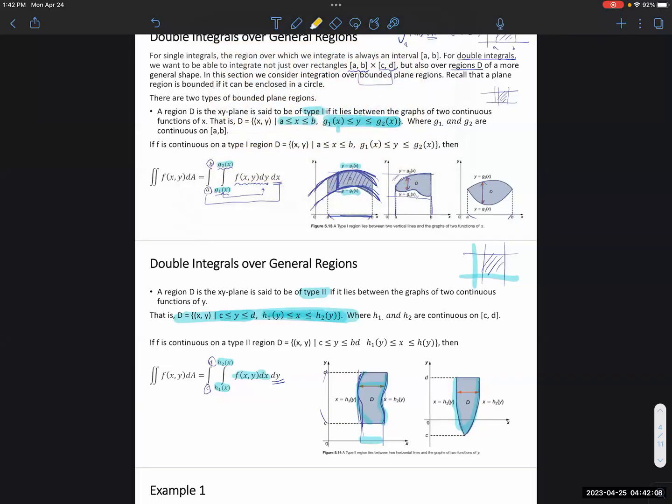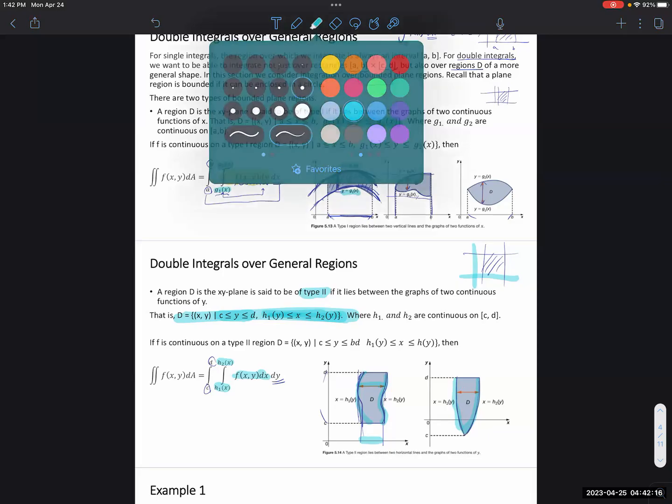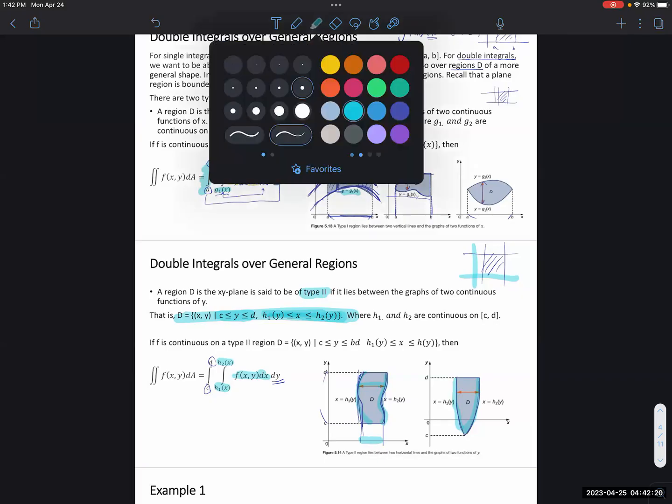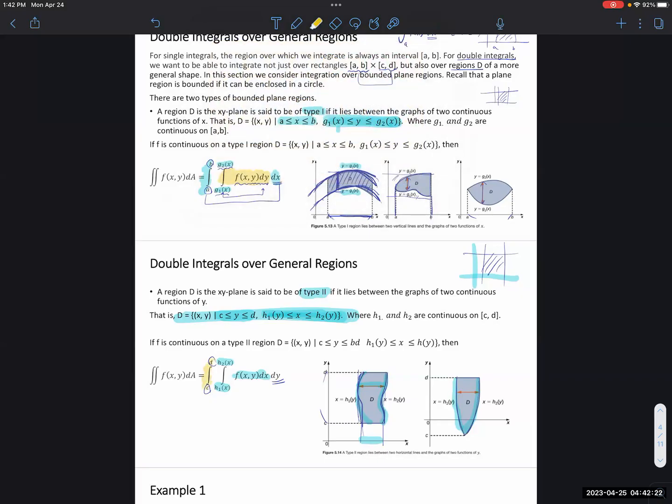Remember, if you have a changing integral, that should be inside. That's the rule. And the fixed one is always the outside. Same thing: if I have a fixed one outside, we know the other one is going to be changing, so that should be inside. So this is type 1 and type 2, and I'm going to write it.